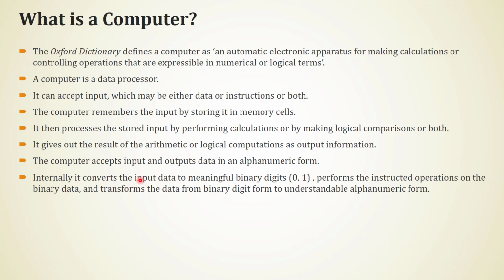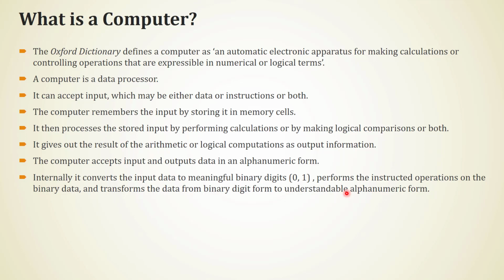Internally, it converts the input data to meaningful binary digits 0, 1, performs the instructed operations on the binary data, and transforms the data from binary digit form to understandable alphanumeric form. So the language understood by computer is binary language. That means it contains only two symbols, 0 and 1.